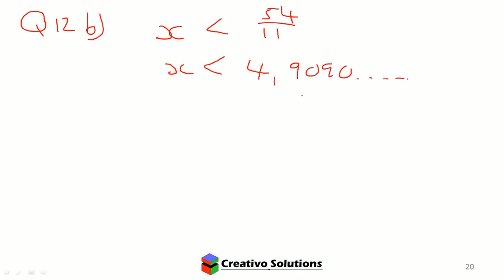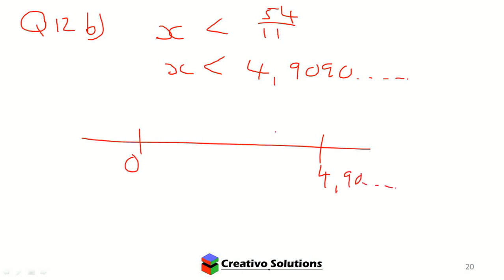So the question said, list the positive integers. An integer is any number, positive or negative, but it's a whole number. So 1 would be an integer. If I'm looking at the range, I'll have 0 here, and then I've got the 4.90 dot dot dot. I'm looking for the integers that are in between here.